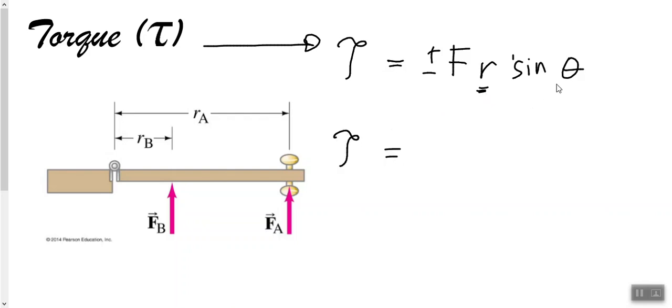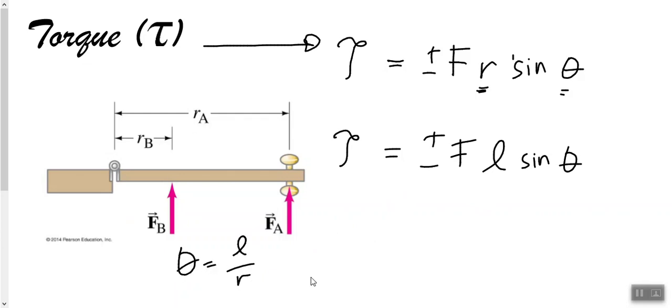We know that the length is the radius times the angle, so the angle is length over radius. If you want to find the length, that gives you r sine theta. So this is our working equation.